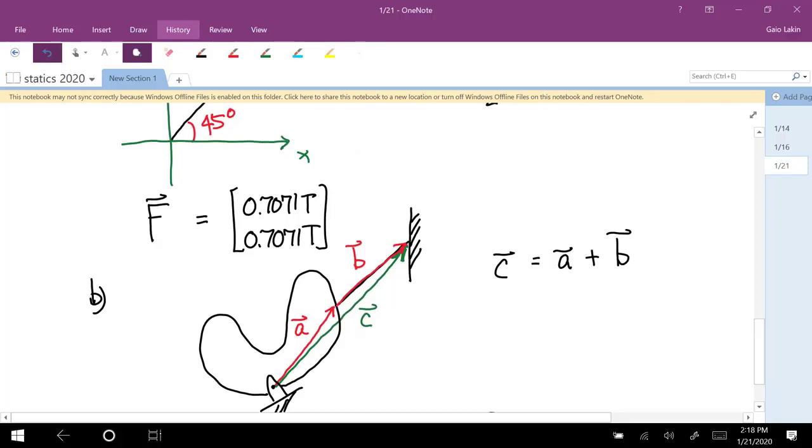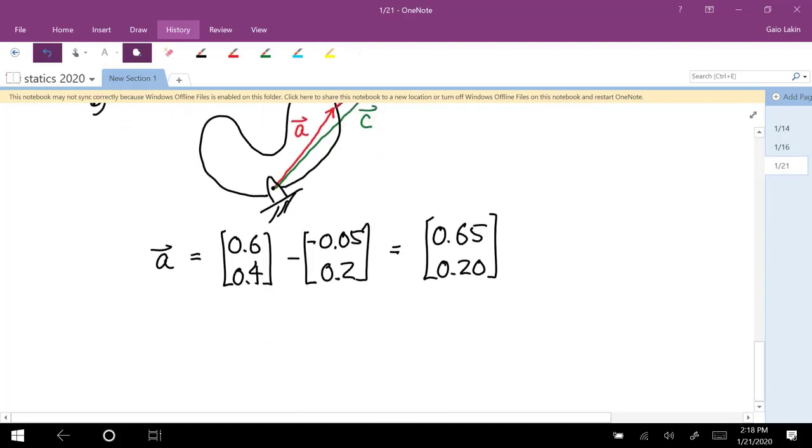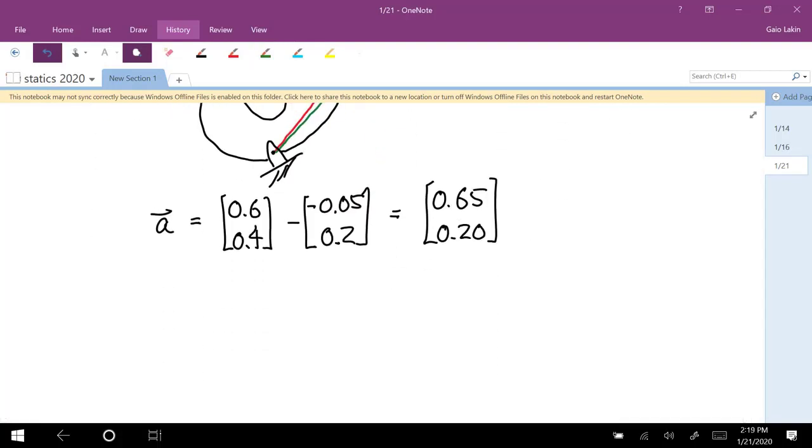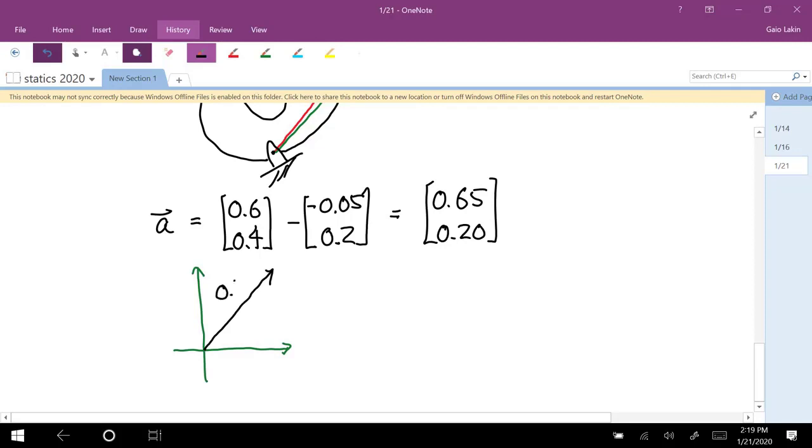And that vector B, we don't know the coordinates at the wall where it connects, but we do know that it makes an angle of 45 degrees with the horizontal. So for B, I'm going to set up the coordinate system. And we know that the vector we want has a magnitude of 0.5, and it makes an angle of 45 degrees with the horizontal.